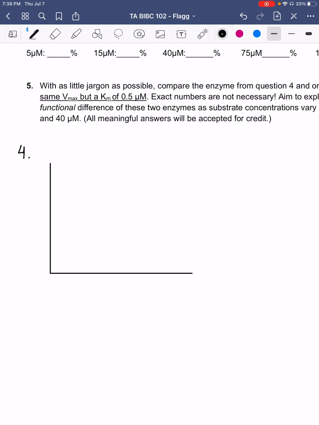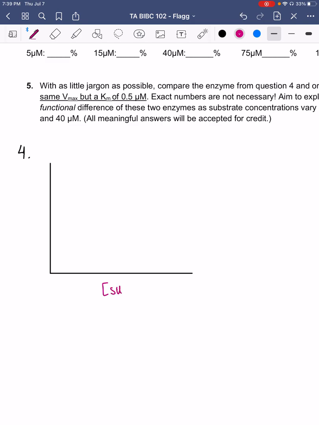So the graph that we're going to draw right now is the Michaelis-Menten kinetics graph, where the x-axis is concentration, and if you don't know, bars like this or parentheses like these mean concentration, so the amount of something.